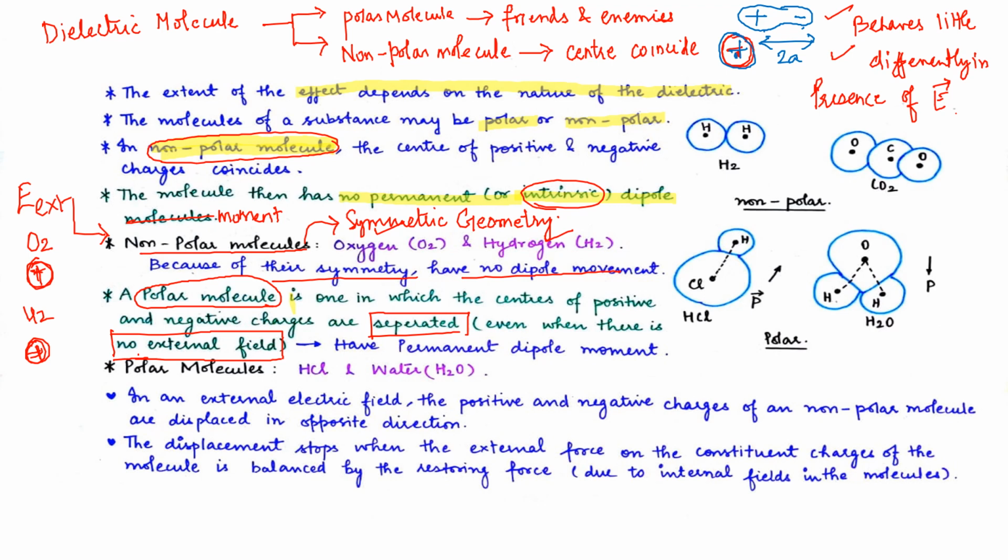But in a polar molecule, charges are already separated and they have intrinsic polarization already, an intrinsic dipole moment existing already. So in case we provide an external electric field, what will happen? That we will see in the upcoming lines.